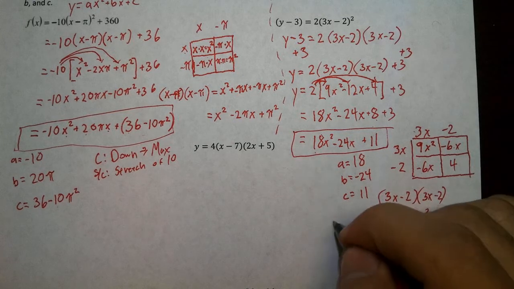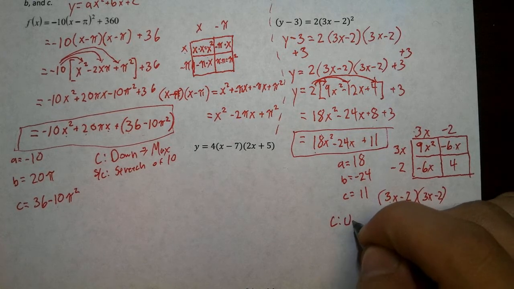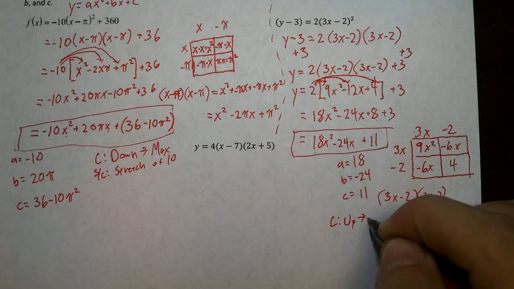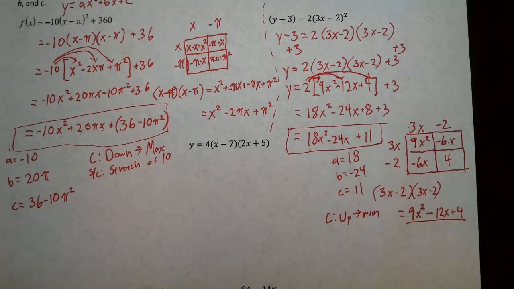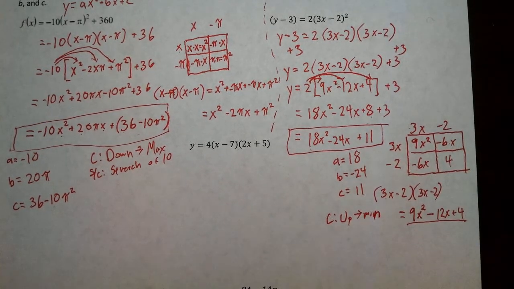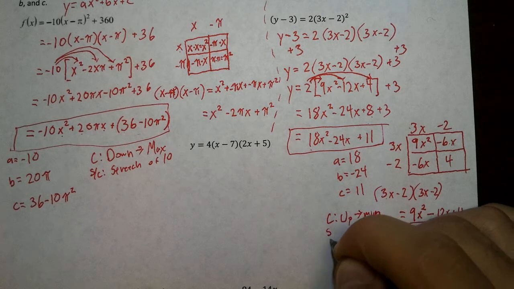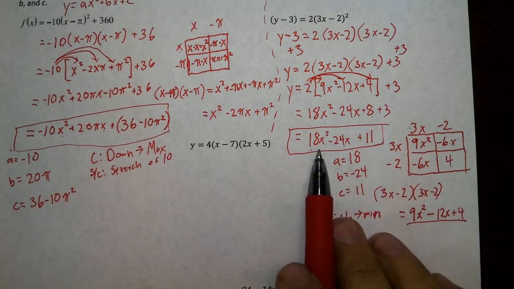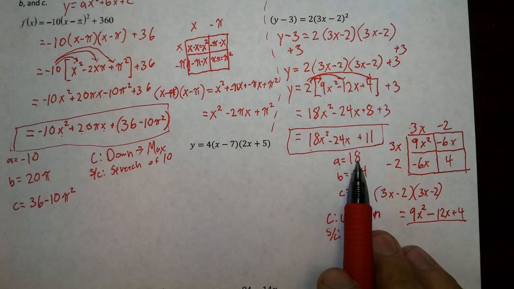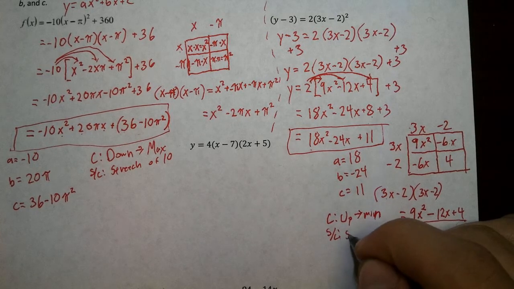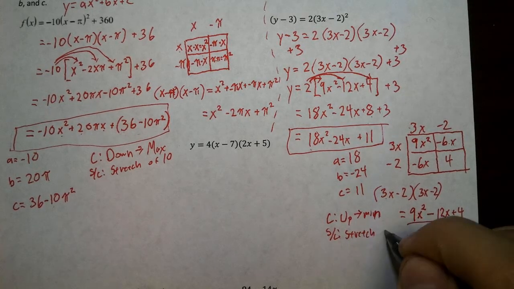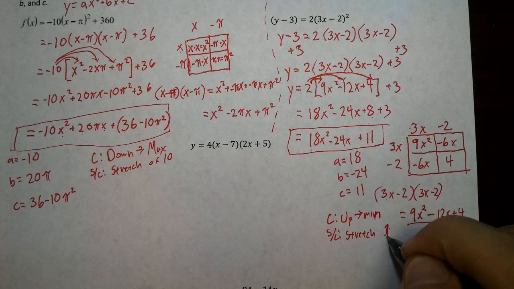So I'm going to say concave up, which implies a minimum. And as far as a stretch or compression, well, I see 18 is bigger than 1, right? So that's going to be a stretch of 18.